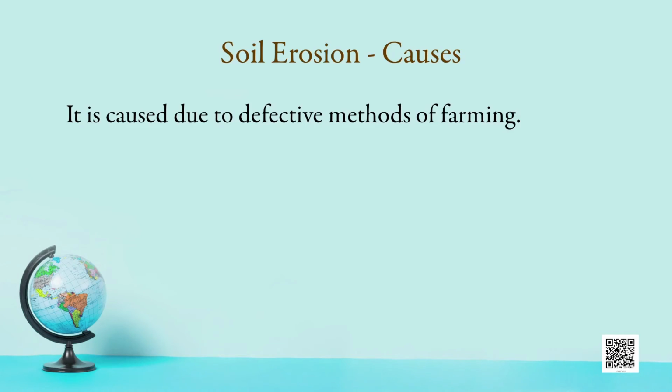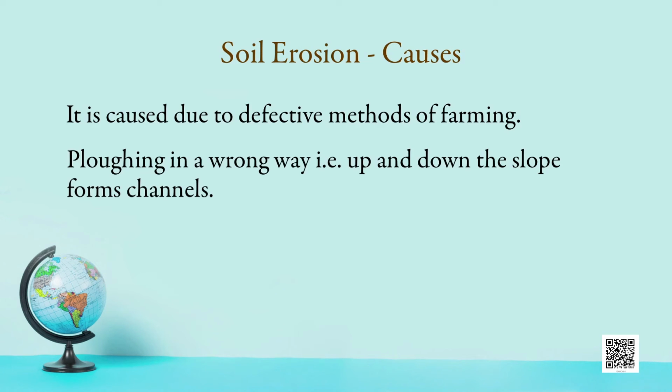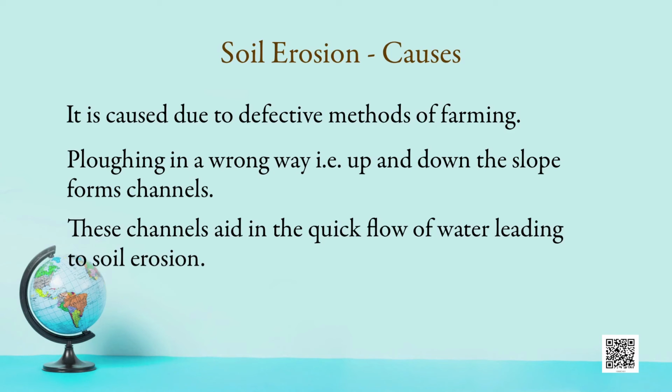Children, do you know what the causes of soil erosion are? Let us now learn about them. Do you know soil erosion is caused due to defective methods of farming? Well, plowing in a wrong way, that is up and down the slope, forms channels. And these channels aid in the quick flow of the water, leading to soil erosion.